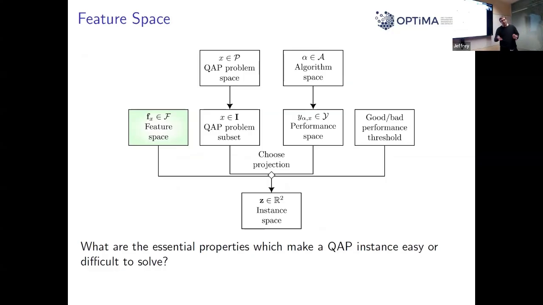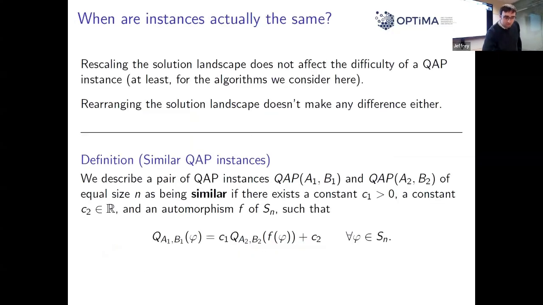Now, what are we going to measure about them to try to predict algorithm performance? Before we even define any features, there's a big problem to solve here, which is that you can write down a quadratic assignment problem in several different ways and have it boil down to the same thing.